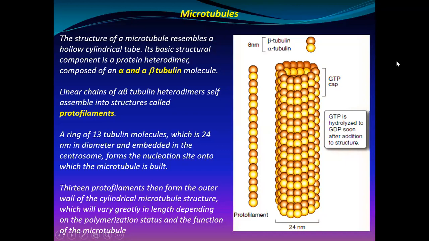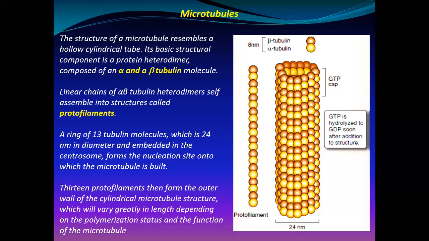microtubule. As I told you, this has the largest diameter and is formed from tubulin protein. There are two types of proteins: alpha tubulin and beta tubulin, right? These tubulins form a dimer, and that dimer is called a heterodimer.